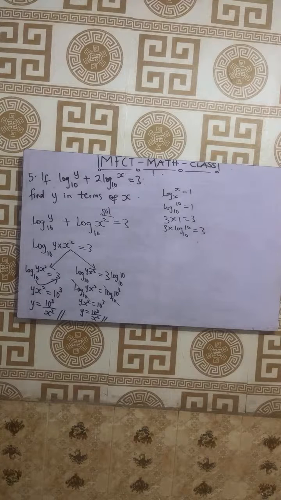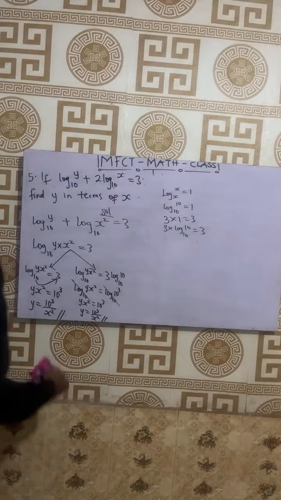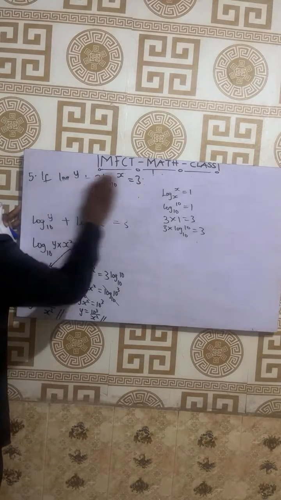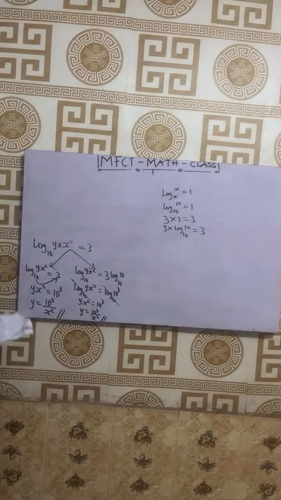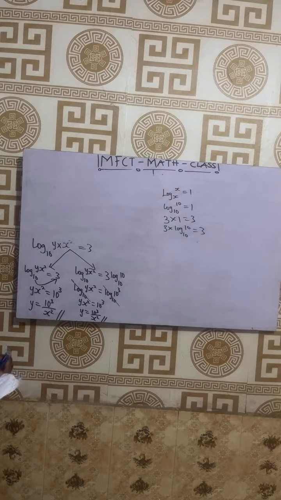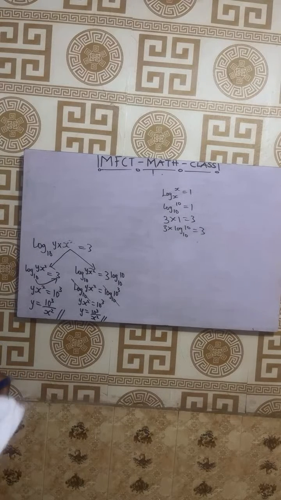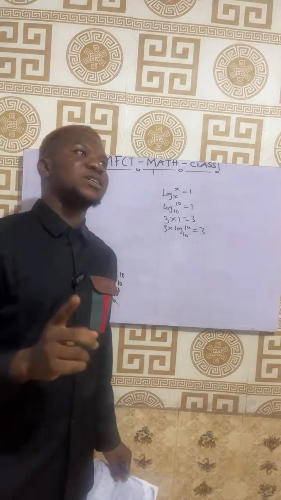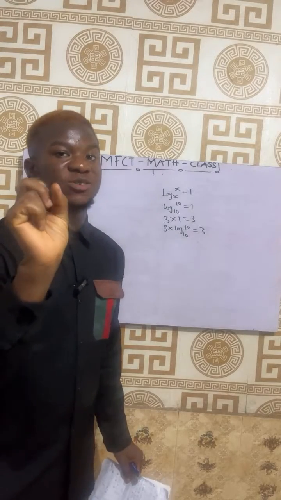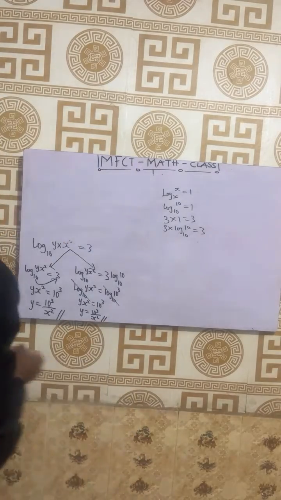Now, in this example, guys, this question is very simple. And to those coming to Law Taekwondo level, this type of question, you will surely meet it in your exam. Very simple question. Let me write it down.